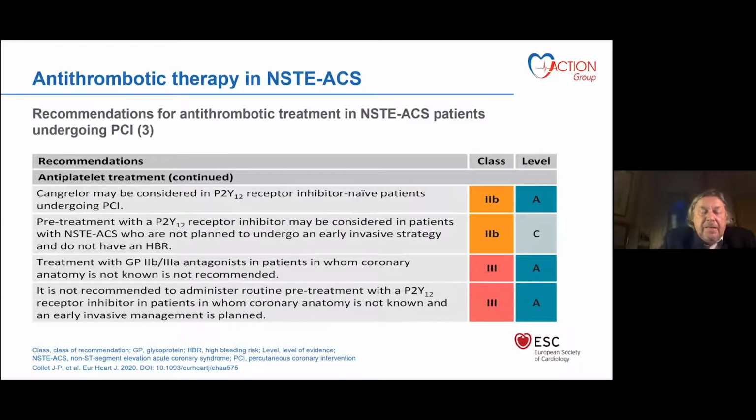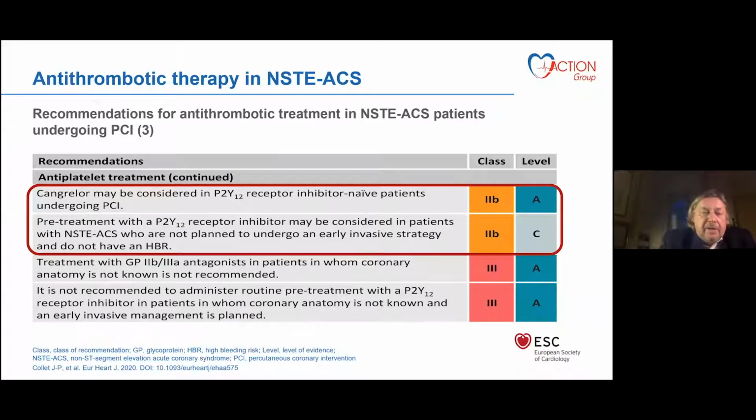And I would like to show you that pre-treatment with a P2Y12 inhibitor may be considered in patients who are not planned to undergo an early invasive strategy and do not have a high bleeding risk. So this is for patients who are not treated within 24 hours. Due to organizational problems, some of these so-called high-risk patients are not treated very early.